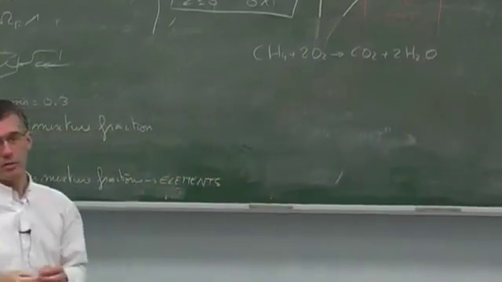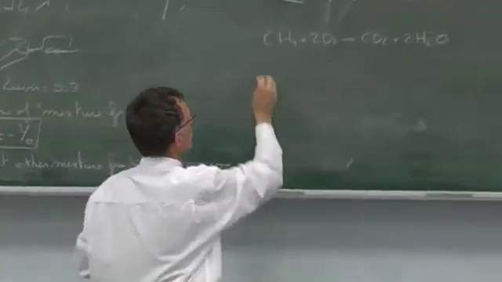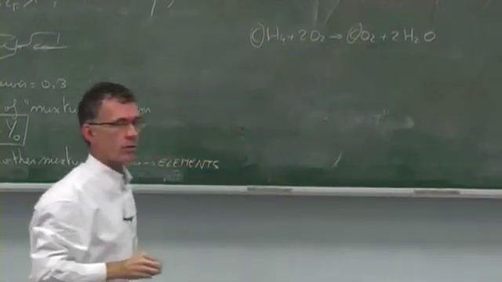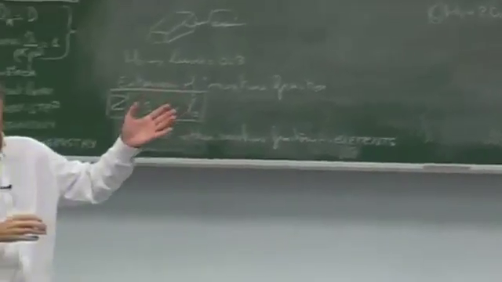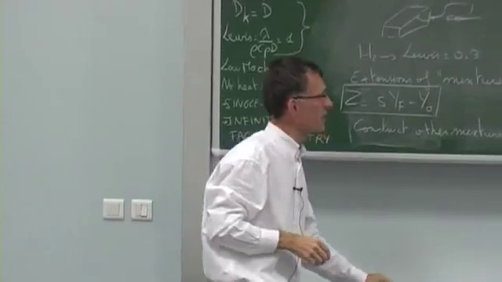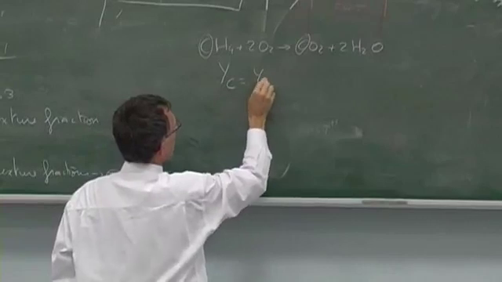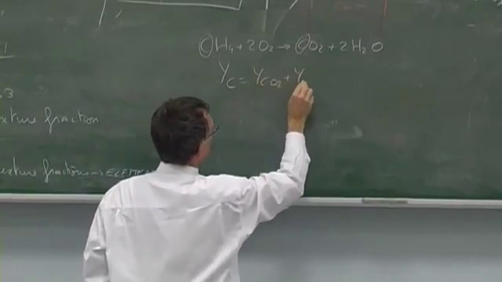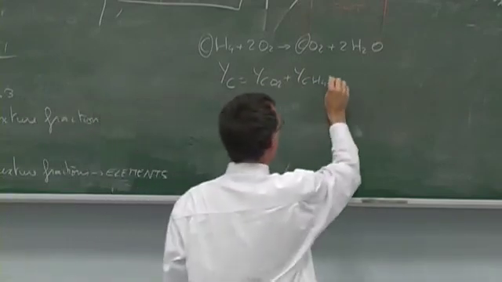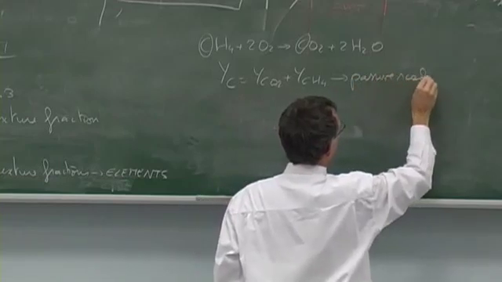If you think of this equation, you see something which is conserved, obviously, which has to be conserved: it's carbon. The carbon atoms, either they are in CH4 or they are in CO2, but they have to be conserved. So what people do is they define, for example, a new quantity, which is YCO2 plus YCH4. And this is a passive scalar based on elements.